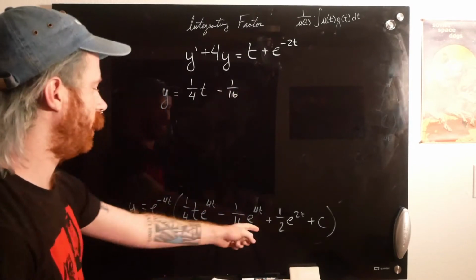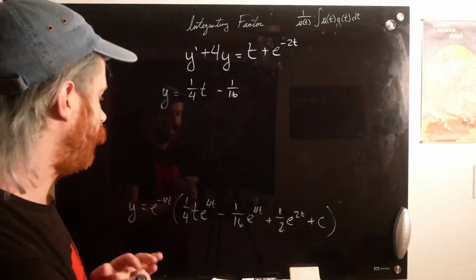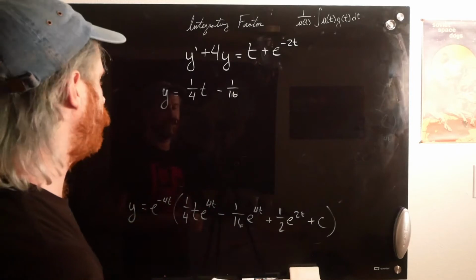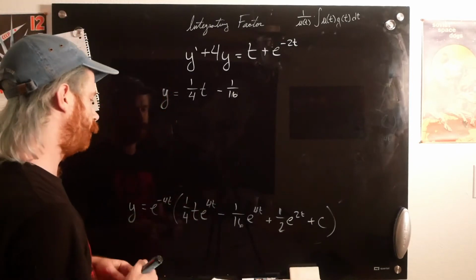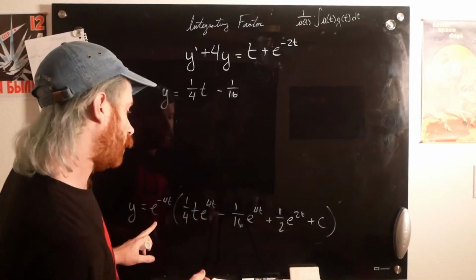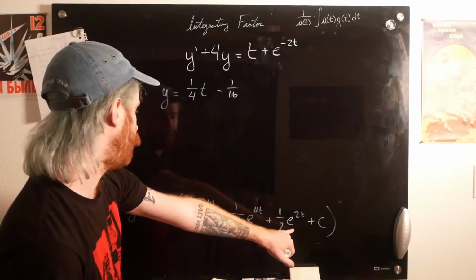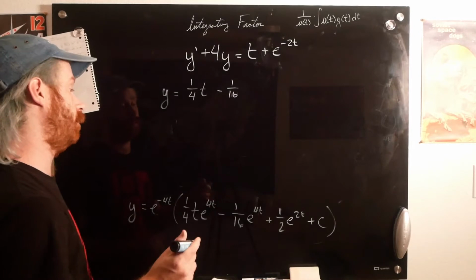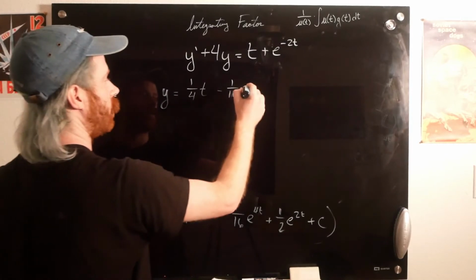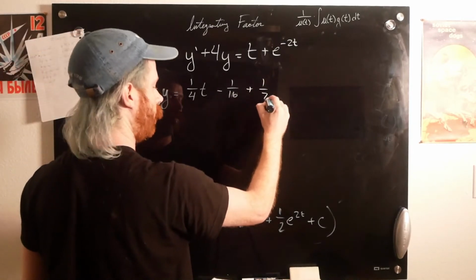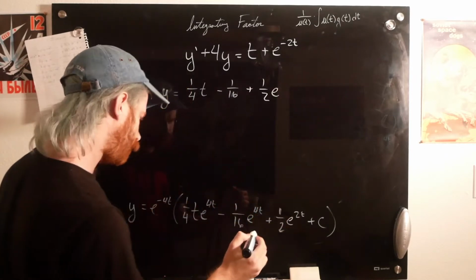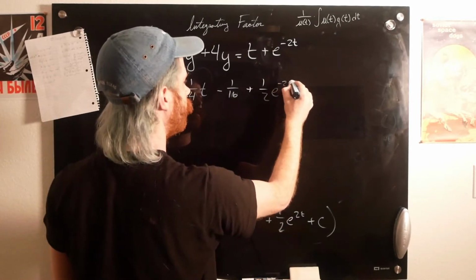e to the negative 4t times e to the 4t, negative 4t plus 4t equals 0, e to the 0 equals 1. So now e to the negative 4t times e to the positive 2t is going to yield e to the negative 2t. So it's going to be plus 1 over 2e to the negative 2t.